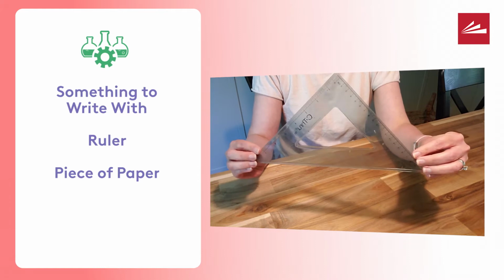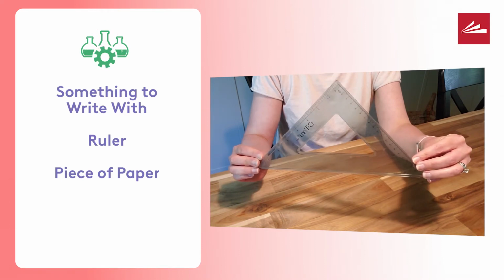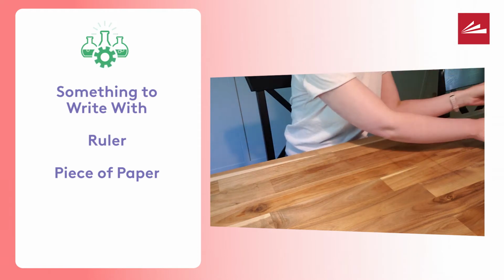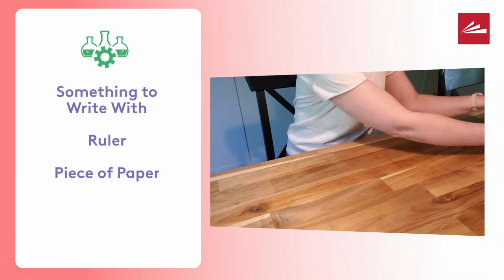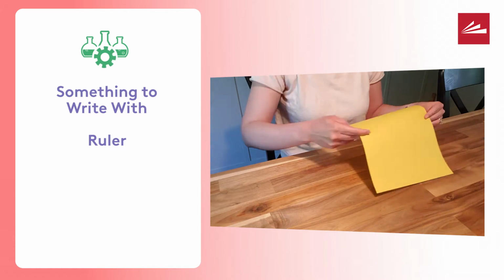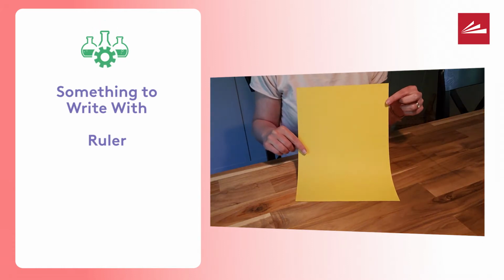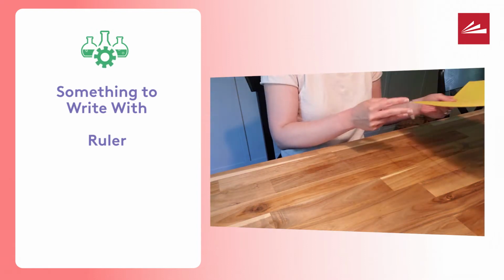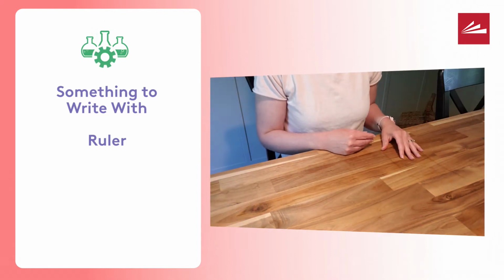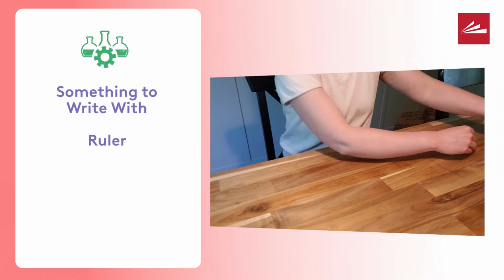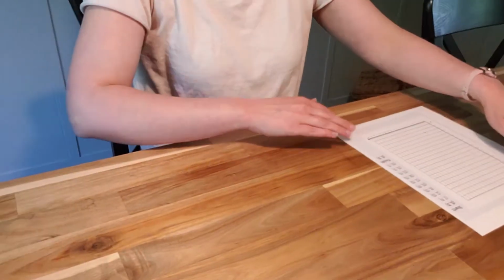The ruler that I happen to have at home is a triangular ruler, but you can use a straight one if that's all you have. That's fine. And then you'll need a piece of paper. I'm using yellow construction paper just to make it colorful, but you can use any kind of paper that you want that does not have lines on it. It has to be a blank sheet of paper.